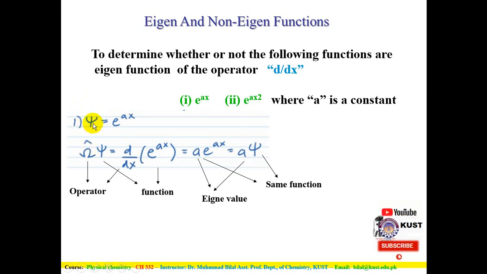When the derivative operator operates on this psi, it gives the same function and some constant value, because the derivative of this function gives the same function times the derivative of the power, which is a. So dx will be cancelled, and we obtain a e raised to power ax, which is a times psi. The same function is repeated.